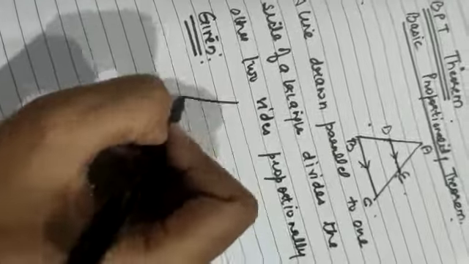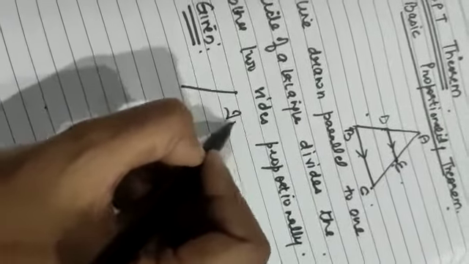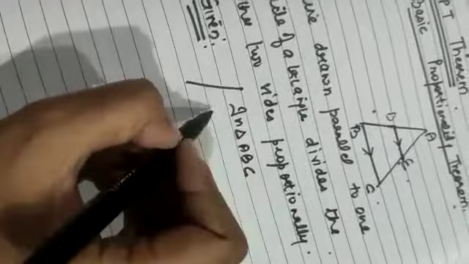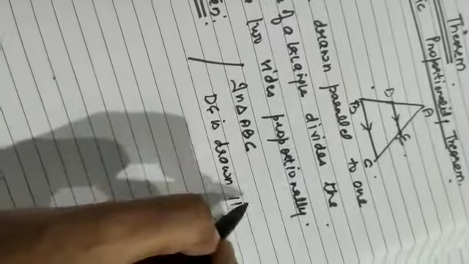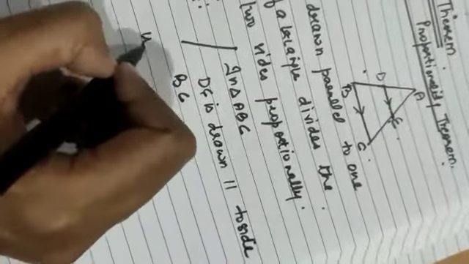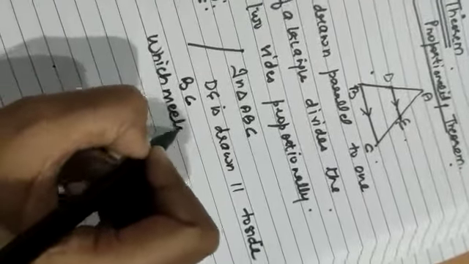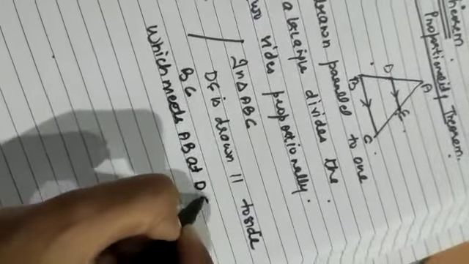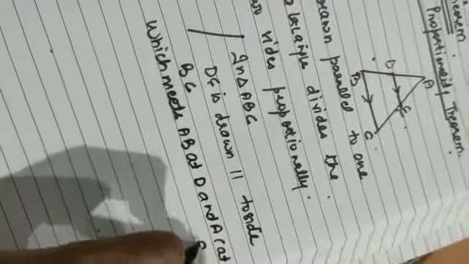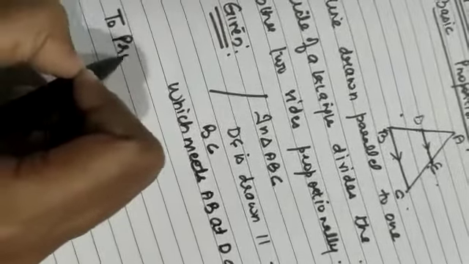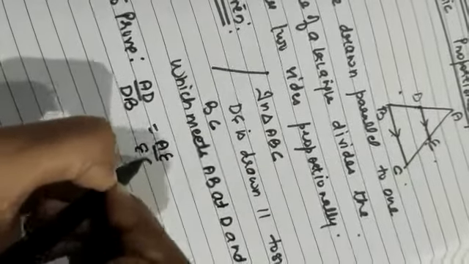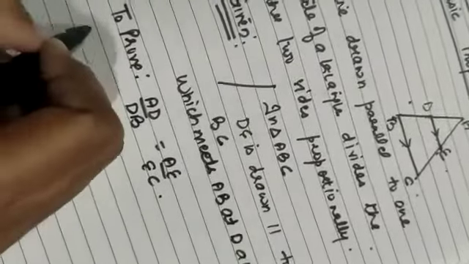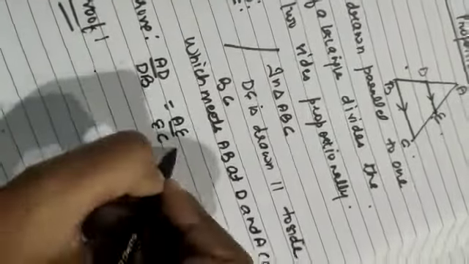What we have given here: in triangle ABC, DE is drawn parallel to side BC, which meets AB at D and AC at E. So to prove, what we have to prove: AD upon DB equals AE upon EC. So how do we prove this?